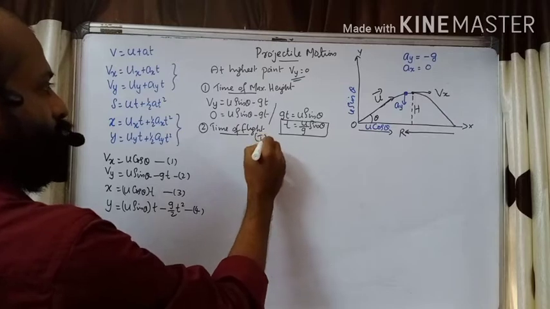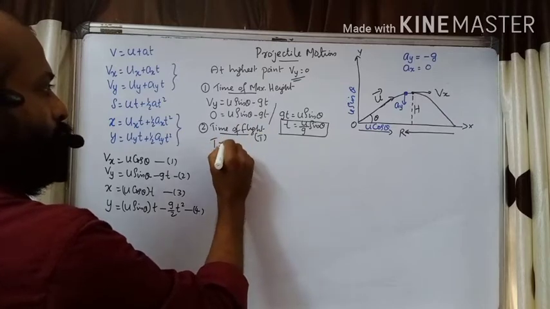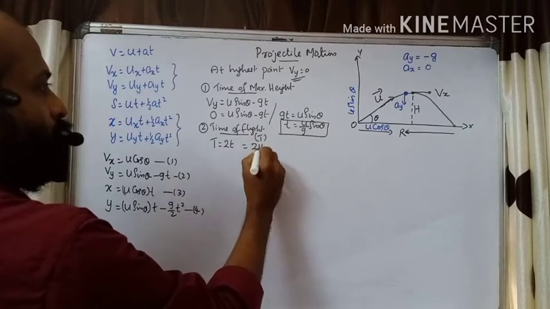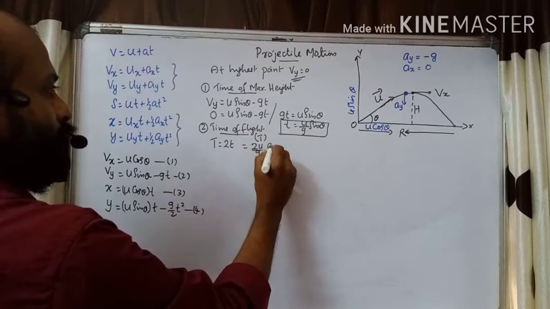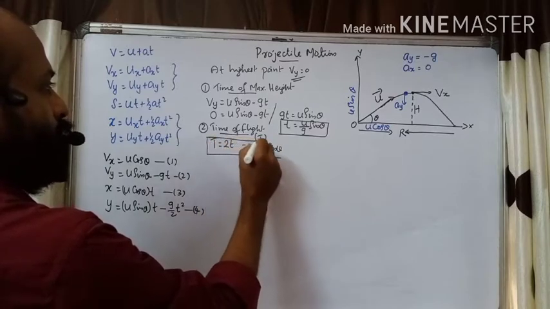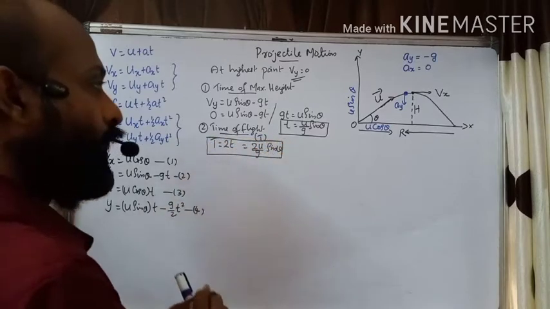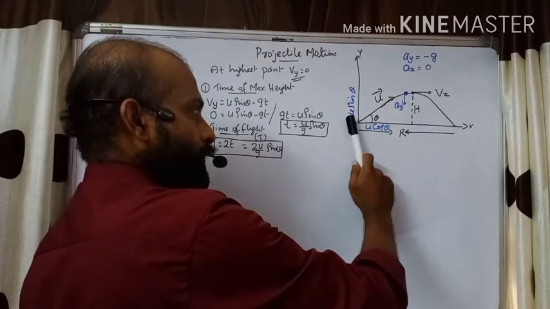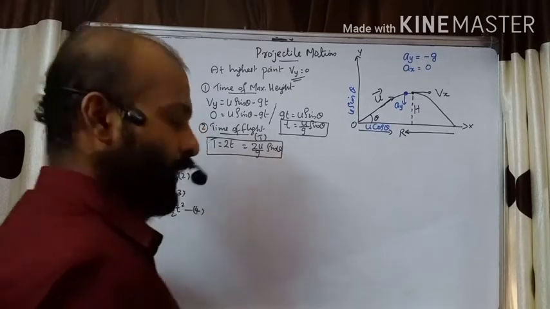It has the symbol capital T. So capital T is equal to 2 times t. When you multiply by 2, you get the equation 2u by g sin theta. This is called the time of flight, meaning the total time taken by the projectile between the launching and the landing.